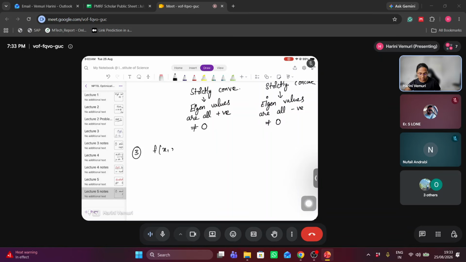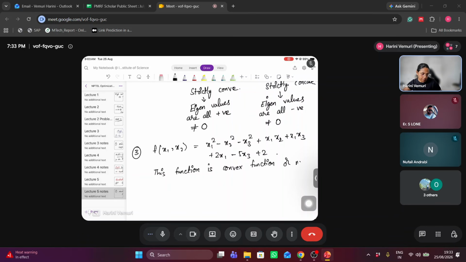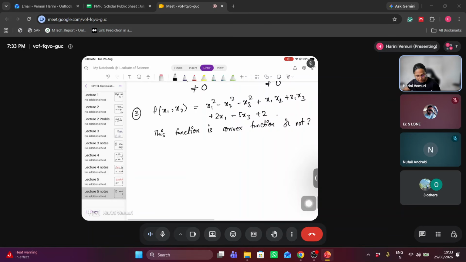F of x1, x2 is equal to x1 square minus x2 square minus x3 square plus x1 x2 plus x1 x3 plus 2x1 minus 5x3 plus 2, and whether this function is a convex function or not. That's the question.